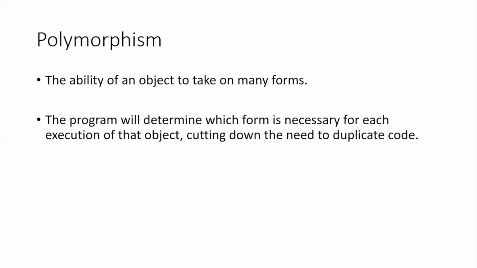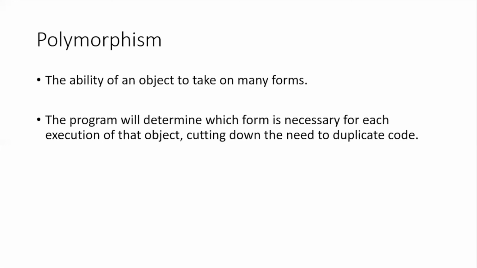Now, whenever we are talking about this, the program will determine which form of those multiple forms is necessary for a specific execution of that object, and in this way we will not have any duplicacy in the code. Polymorphism is of two types: compile time polymorphism and runtime polymorphism, which will be discussed in forthcoming sessions.